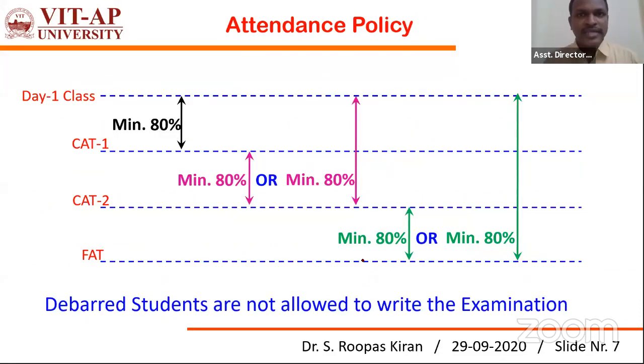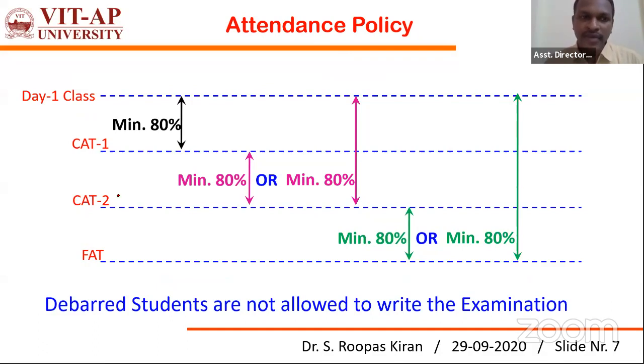Dean Academics was explaining the attendance policy: the student must have a minimum of 80% attendance for that particular period. To appear for the CAT 1 examination, a student must have at least 80% from the starting date to just before the date of CAT 1.